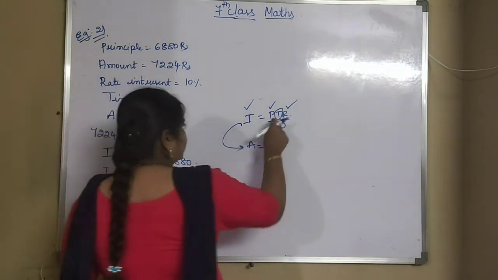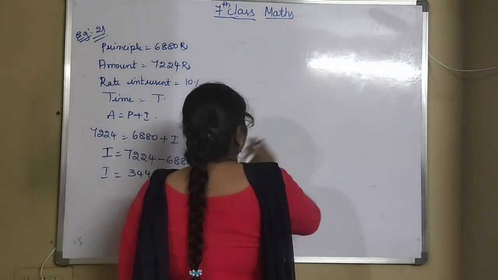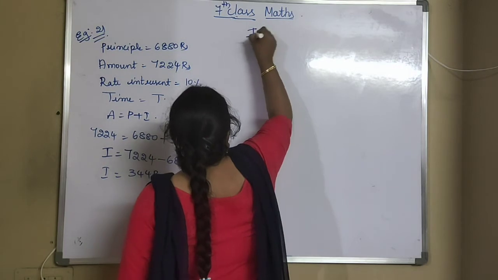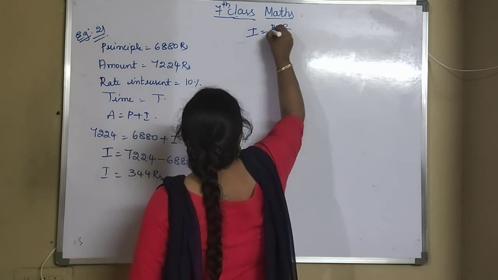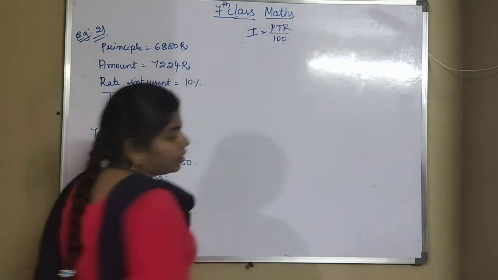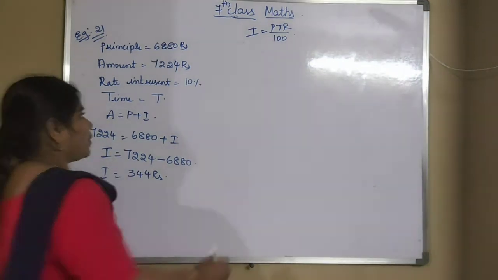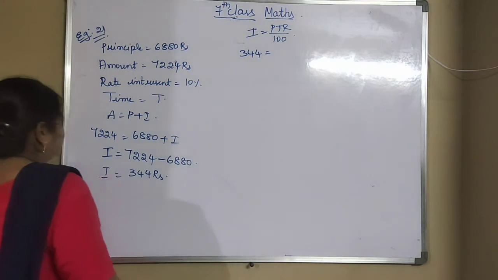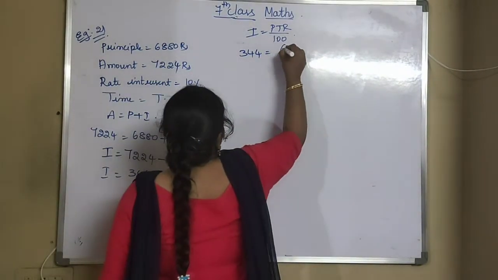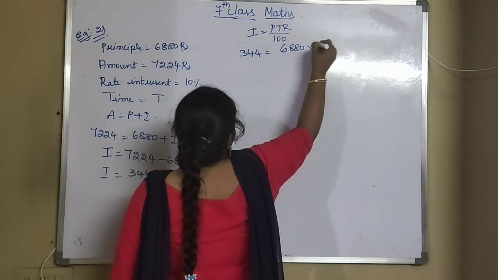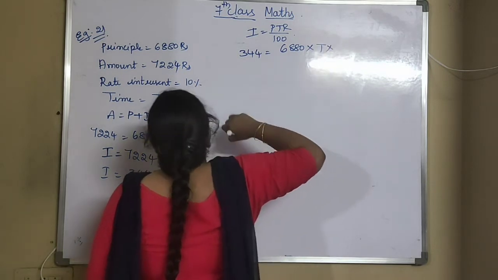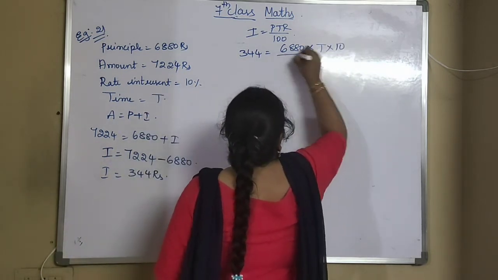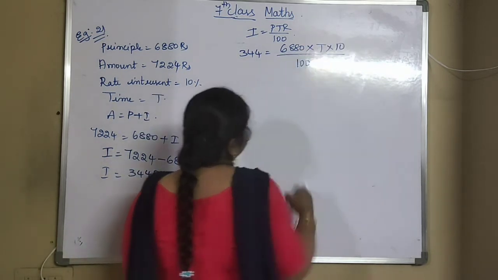Now you can find the time here. Which formula we are using now? I is equals to PTR by 100. Now what is interest value? 344 is equals to principal value 6,880 into time we have to find, rate of interest is 10 by 100.